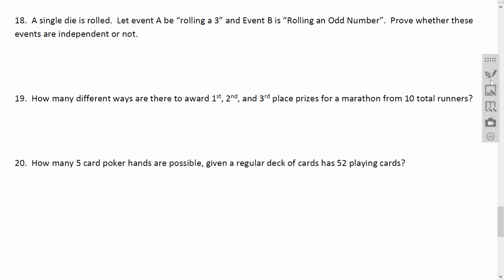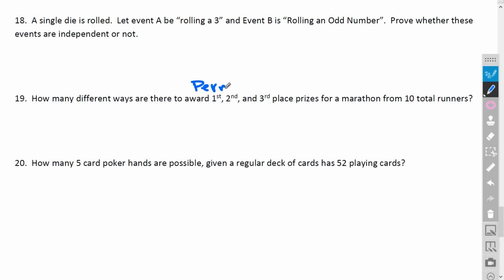Number 19, how many different ways are there to award first, second, and third place prizes for a marathon from 10 total runners? So this is a permutation because the order is important. We have 10 elements. We want to permute 3 of them.